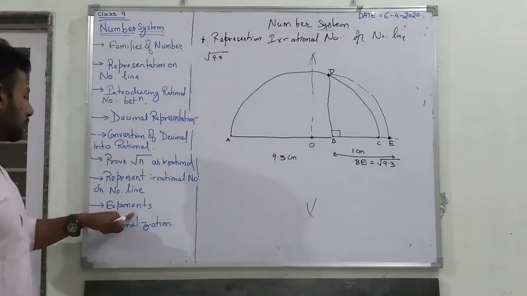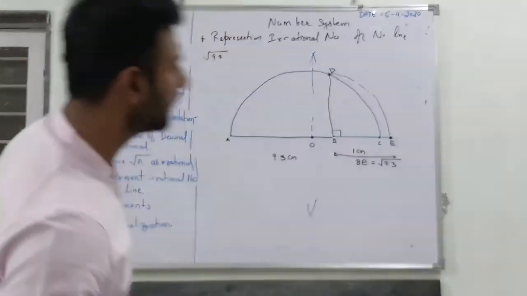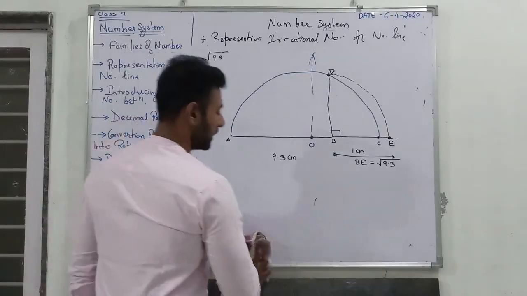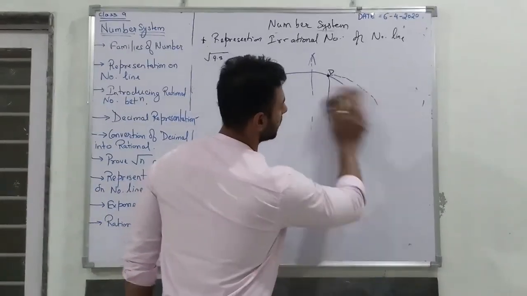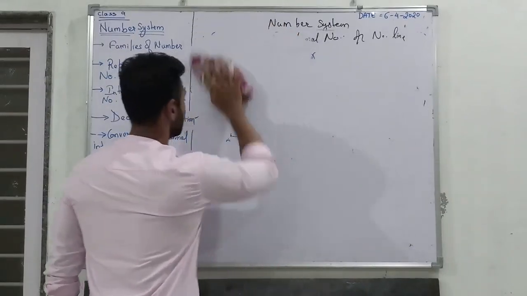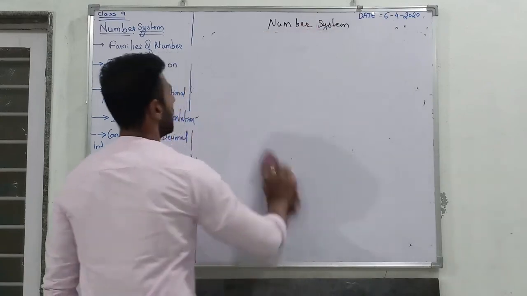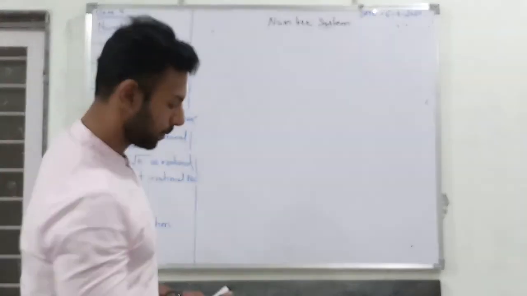Now let's move to the other topic, exponents. Exponents are generally written as numbers with a power. You have seen this earlier also in earlier classes. The terms which are represented with a power are generally called exponents.